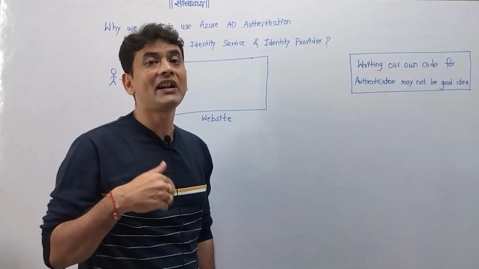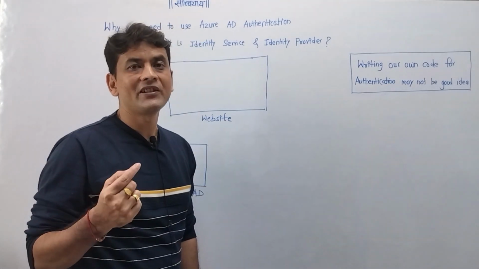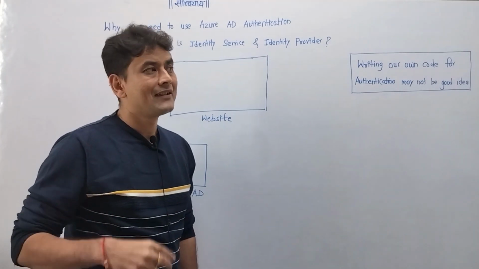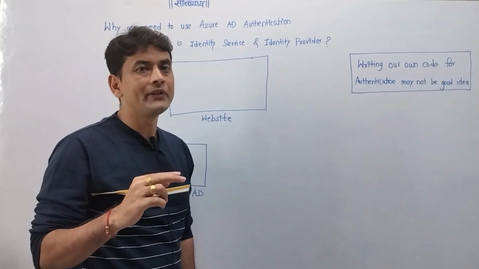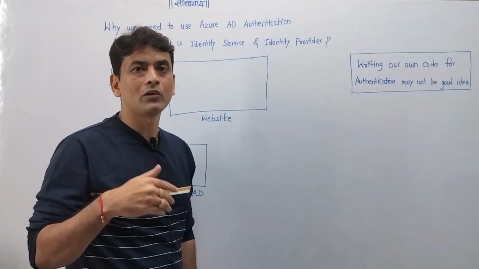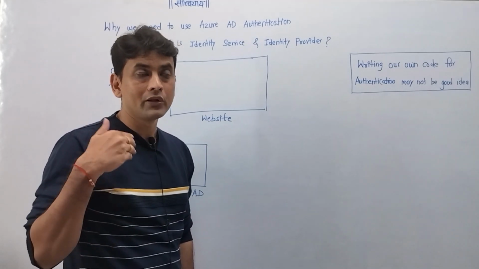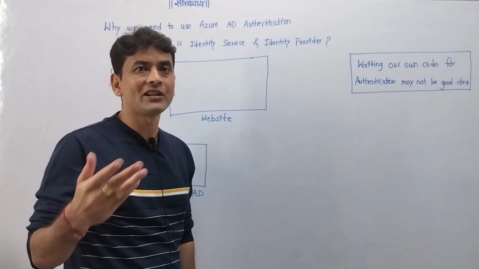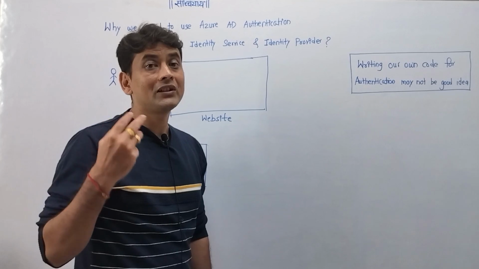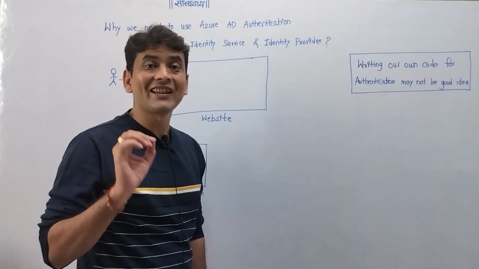And let's try to understand why. So the first reason is, of course, that whole code can be complex. Second, you yourself need to store user credentials, like username, passwords, email and all that. So you have to store it maybe in some database or somewhere. And now the third and most important part is security.